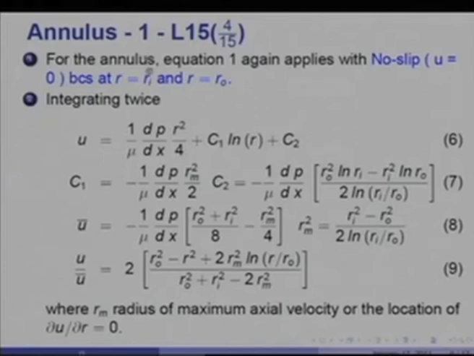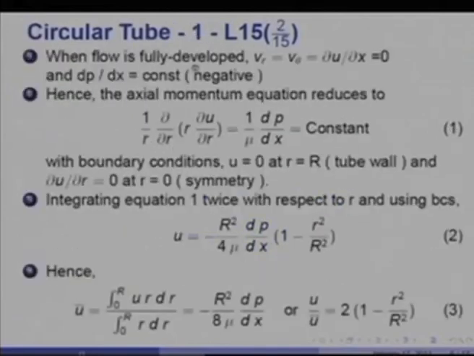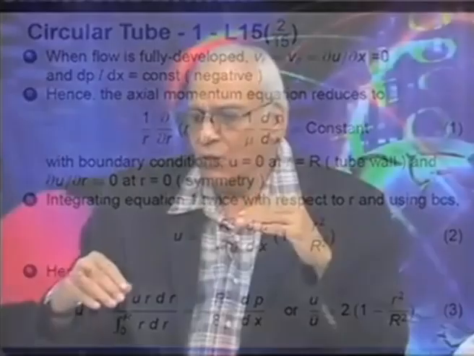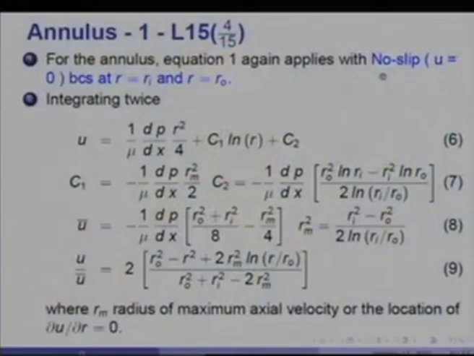For the fully developed flow in an annulus, equation 1 will again remain as it is, that is, no difference there, because again V_r and V_theta are 0 and the axial derivative of velocity is 0. But the boundary conditions now will be u equal to 0 at r equal to the inner radius and u equal to 0 at r equal to the outer radius, and that is what is mentioned here, the no-slip boundary conditions at r equal to r_I and r equal to r_O.